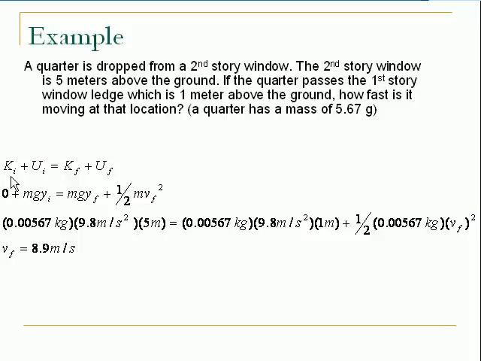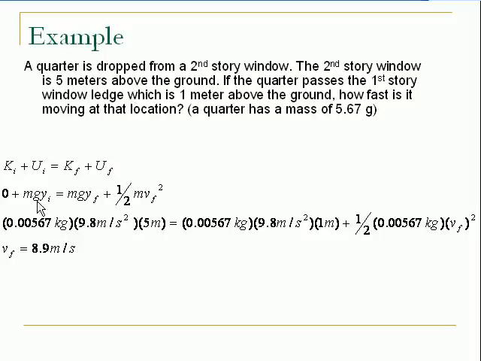So the initial kinetic energy, since it's dropped and it has no initial velocity, would be 0. Then we can calculate the initial gravitational potential energy, which is mgyi. That's going to be equal to mgyf, the gravitational potential energy when it's at the window ledge of the first story window, plus the kinetic energy from the speed of that quarter when it's at the first story window.